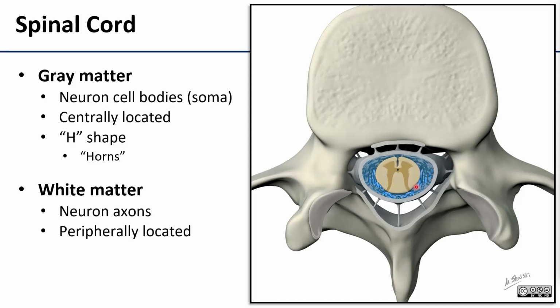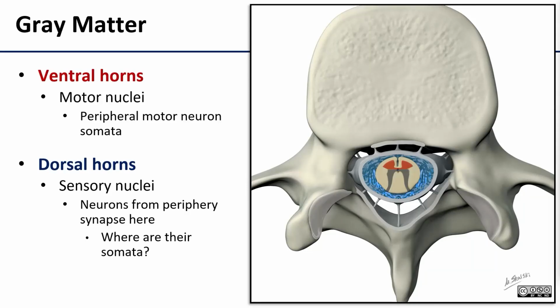White matter, remember, is made up of axons, which link the neuron cell bodies up with the next step in their chain. So the fibers making up the different portions of the white matter here might be axons communicating between the spinal cord and the brain, or different spinal levels, or between the spinal cord and the spinal nerves. We're not going to get into too much detail about what's doing what, but those are all possibilities here.